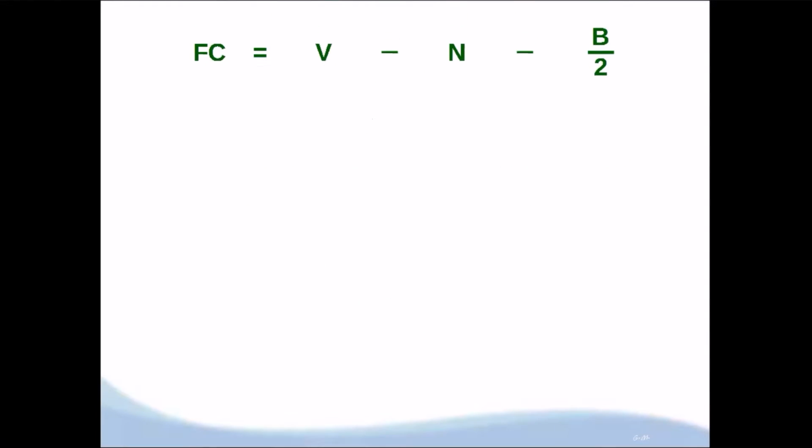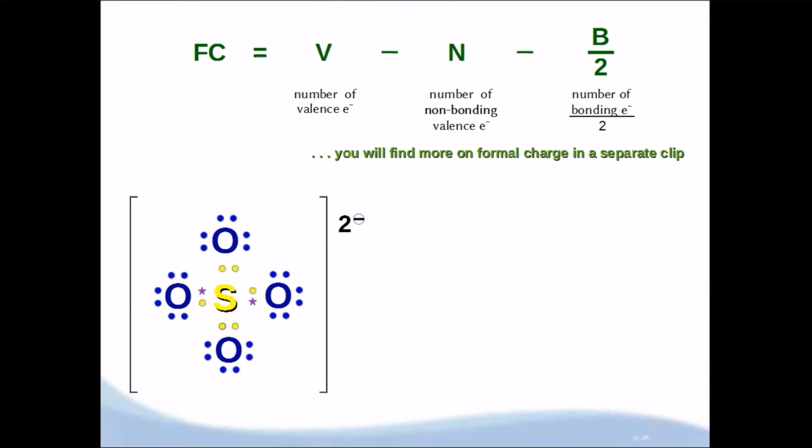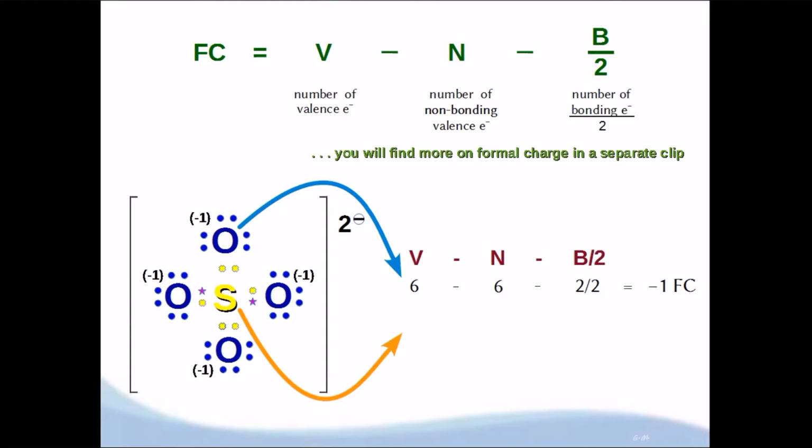But calculating formal charges with the help of this equation, where Fc equals number of valence electrons minus number of non-bonding electrons minus number of bonding electrons divided by 2. I have a review clip for that, which provides more details and examples on this topic. We obtain for the proposed structure of the sulfate ion a formal charge for oxygen of -1, which we assign to each oxygen, and for sulfur, we obtain a +2.